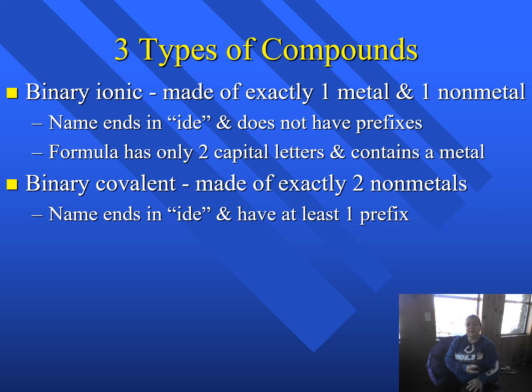Looking at the formula, it'll have 2 capital letters, and then once you know it's binary because it has 2 capital letters, check to see if the first element's a metal. If it's not, then you're dealing with binary covalent.